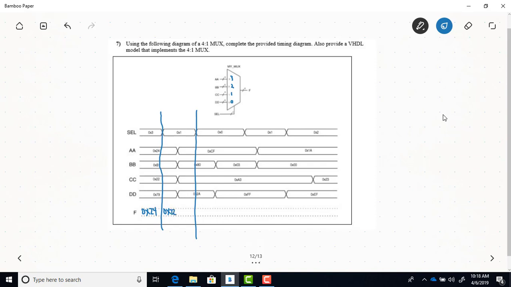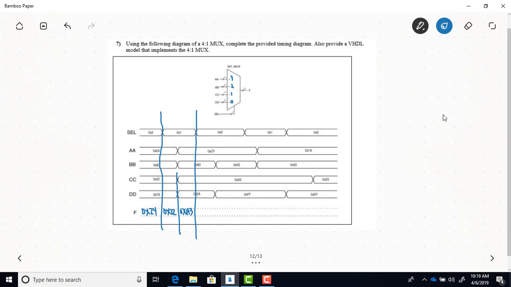And then you can see the CC data changes during this interval when we're selecting D1. So it follows, and at this time right here, it changes to a hex A3. Right here. Yeah, hex A3. Okay, and again, it's the same idea for the rest of this timing diagram.